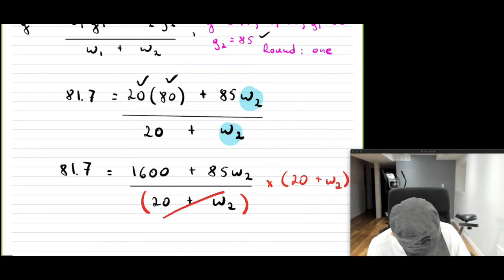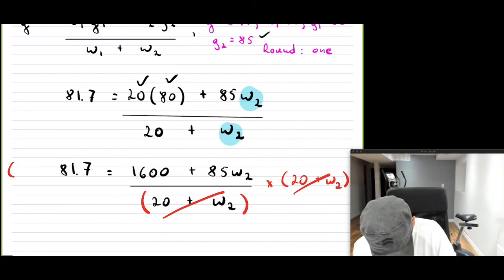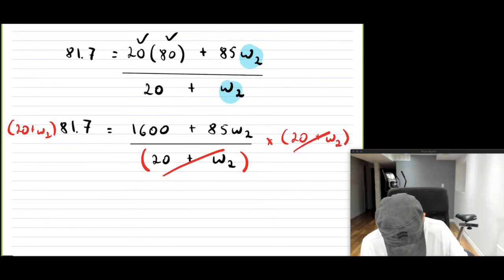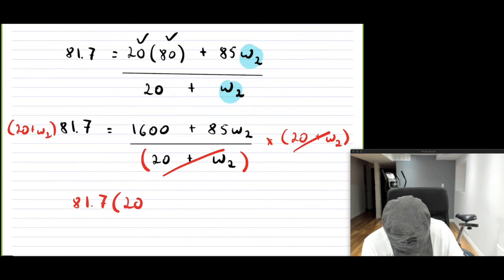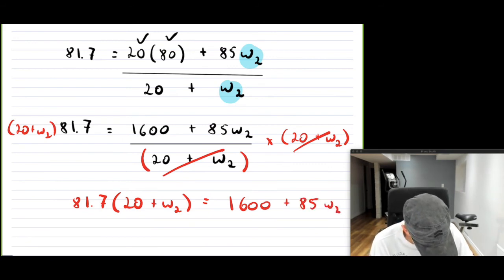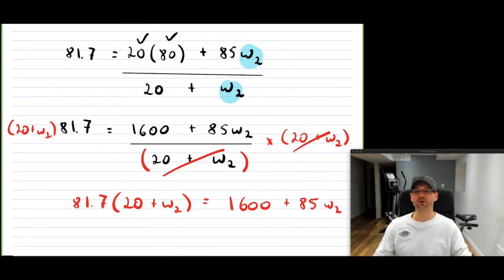So that's going to cancel this out. We're also going to be multiplying this side. And now let's rewrite this so it looks a little bit more presentable. So this is 20 plus W2 equals 2.16 plus 85 W2. Okay, so we have brackets, and inside of our bracket, we have our unknown.